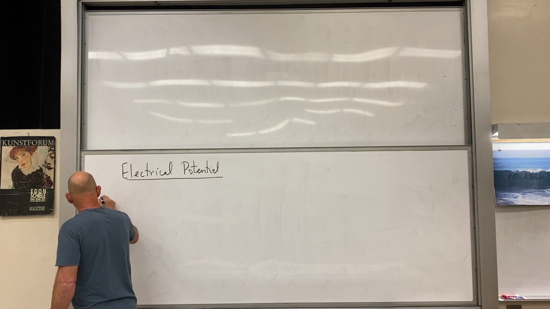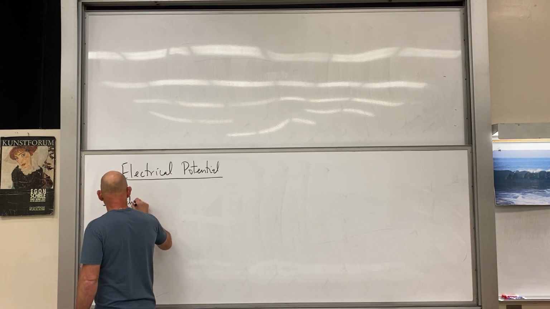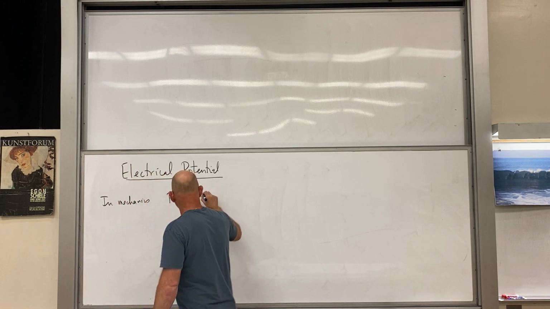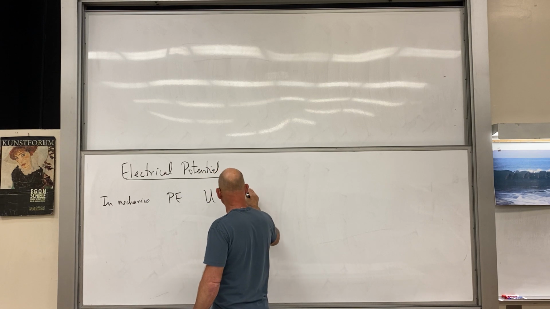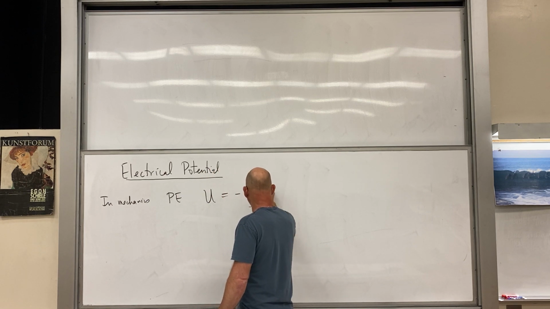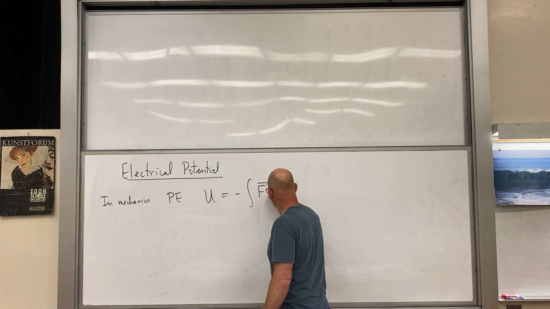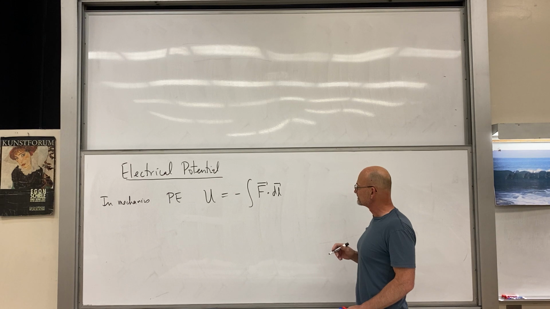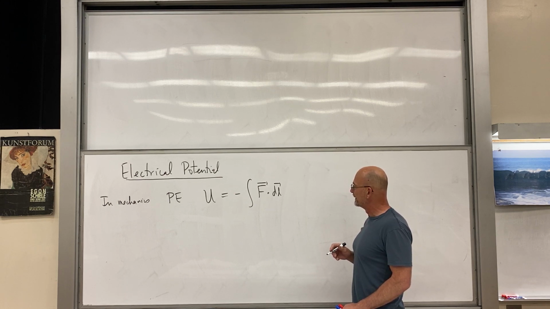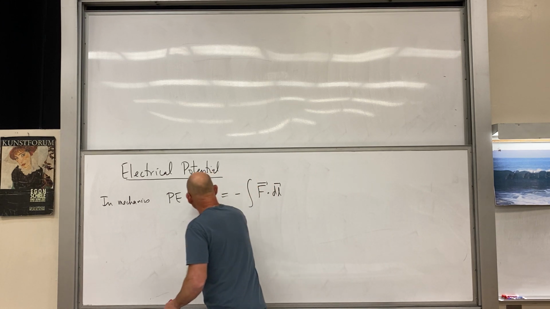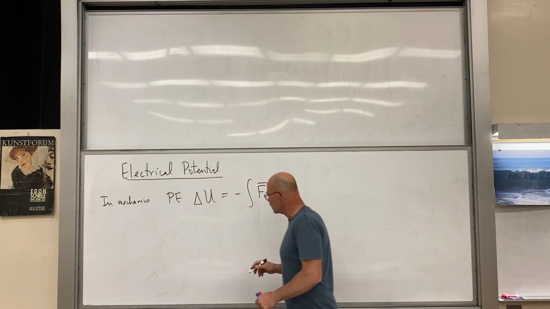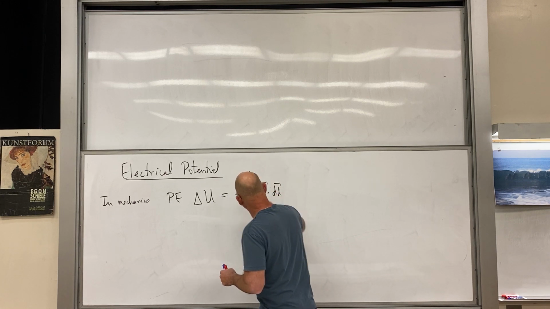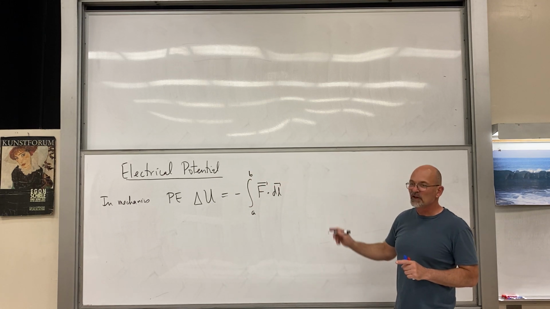So in mechanics, potential energy, you can write U is equal to minus the integral of F vector dot dl, and we're going to start with a delta U. That's a change of potential energy if you integrate from two points in space, A to B. So this is a line integral.